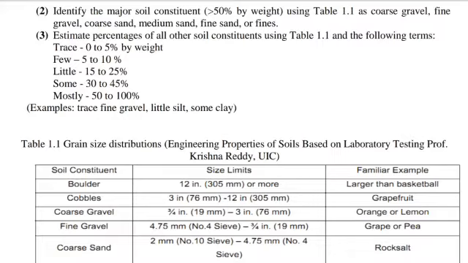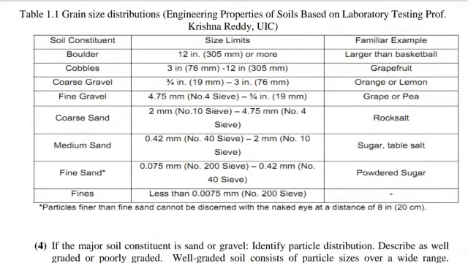Table 1.1 Grain size distributions. Engineering properties of soils based on laboratory testing. Soil constituent: boulder. Size limits: 12 inches, 305 mm or more. Familiar example: larger than a basketball. Soil constituent: cobbles.